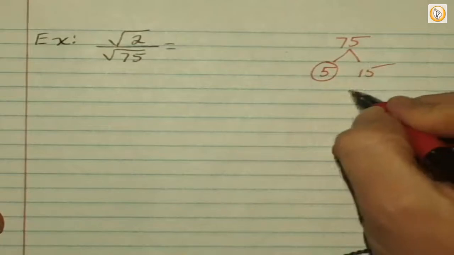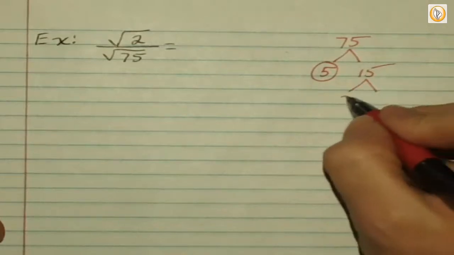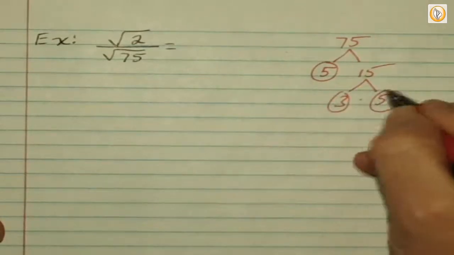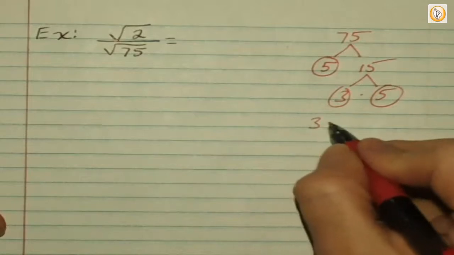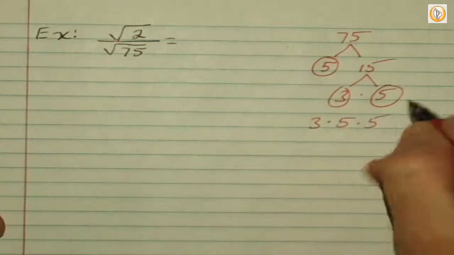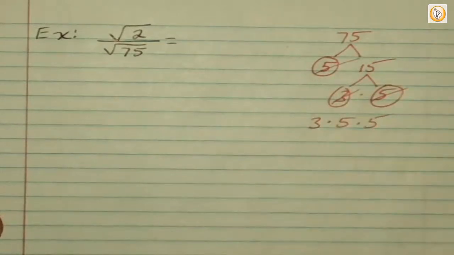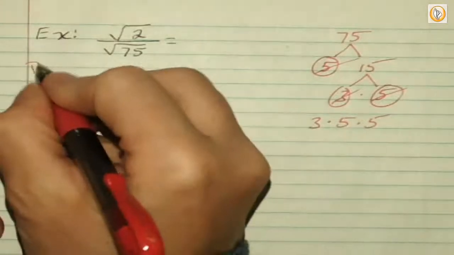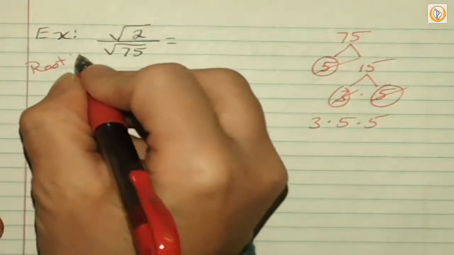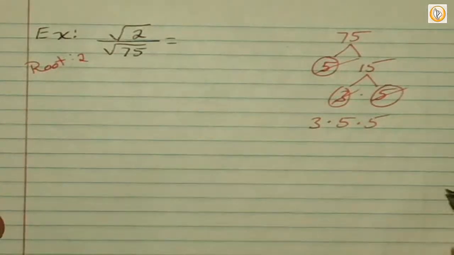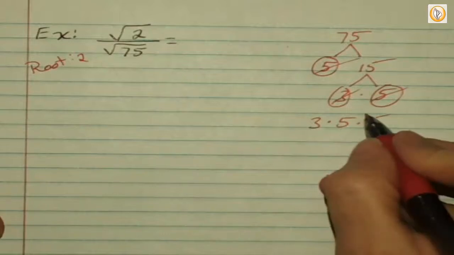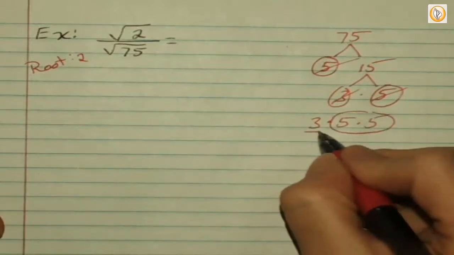This is prime. And then we have, of course, 3 and 5. Okay, I'm going to write my prime factors out. So, Ariel, what's my root? 2. That's right, my root is 2. So what am I circling? 5 and 5. There's my pair.